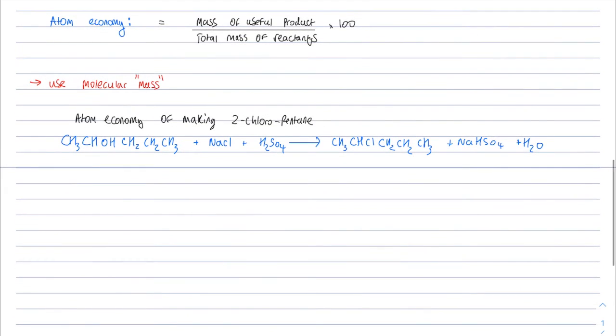So look at this question. It's the same equation, and it says calculate the atom economy of making 2-chloropentane. So what we have to do in this is, well, we know our useful product is going to be 2-chloropentane. So we work out the molecular mass of 2-chloropentane.